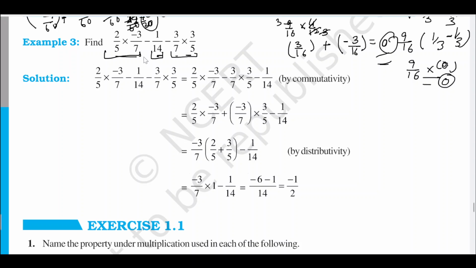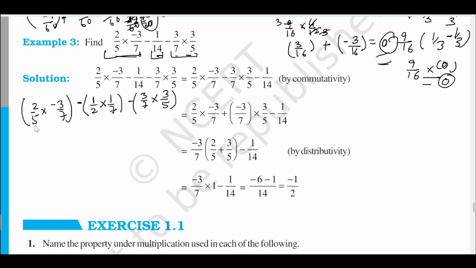Okay. So minus 2 by 5 into minus 3 by 7. This one term we have written simply. Then minus sign is there. Then 1 by 14 can be written as 1 by 2 into 1 by 7. Okay. Then minus, we will simply write this 3 by 7 into 3 by 5.